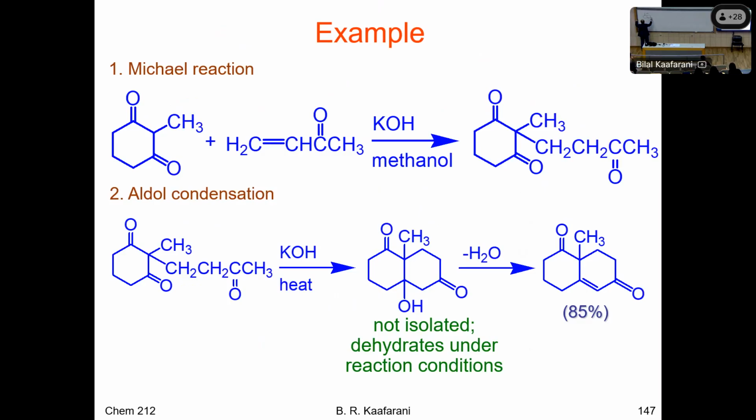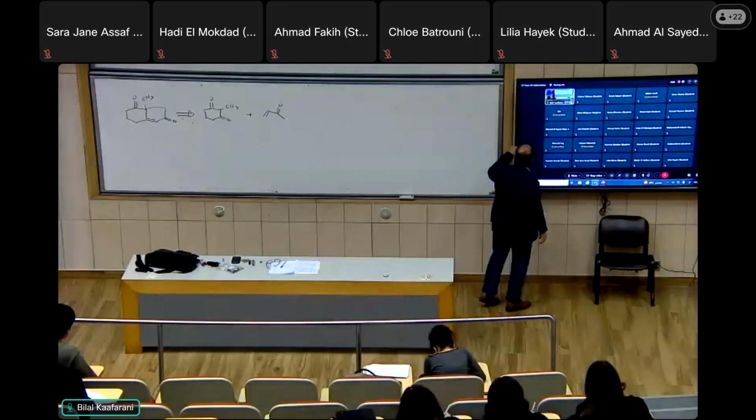And here, double bond O. So I want to do this retrosynthesis to figure out how, in fact, this one is coming from this plus this one. Okay? So I am going to go right now backwards and figure it out.